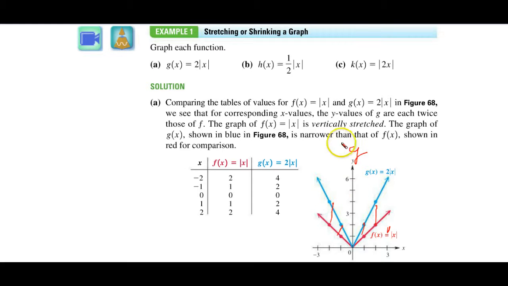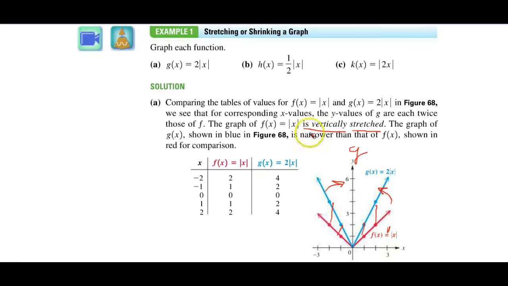And what have you done? Well, we say you have vertically stretched this. You've stretched it up. That is, with a 2 in front of something, it's put this line a little closer to your axis of symmetry. So go from here to here, you've stretched that.